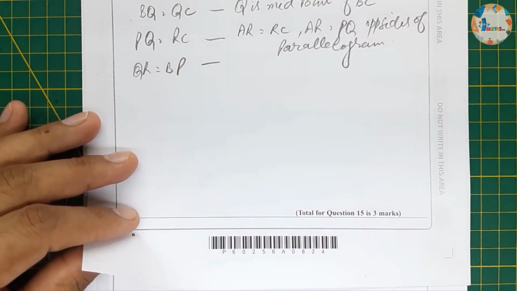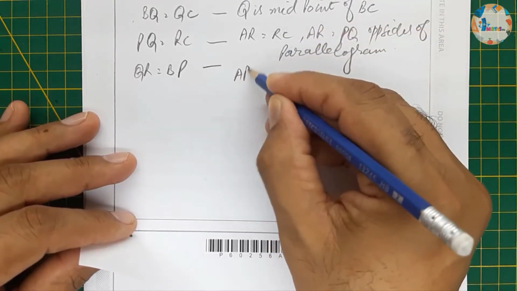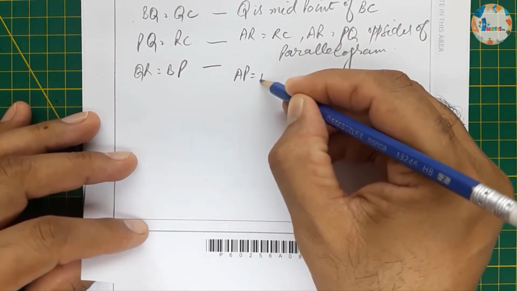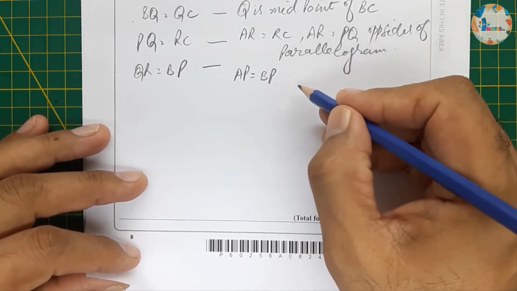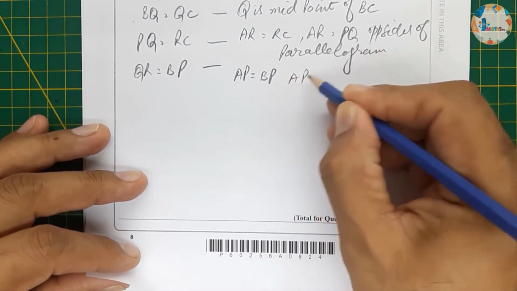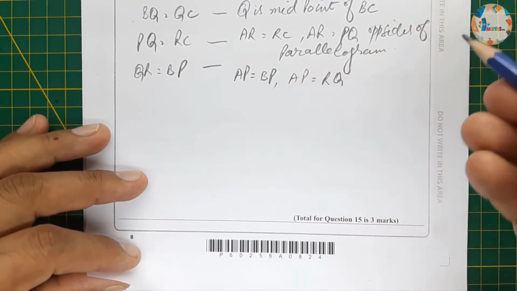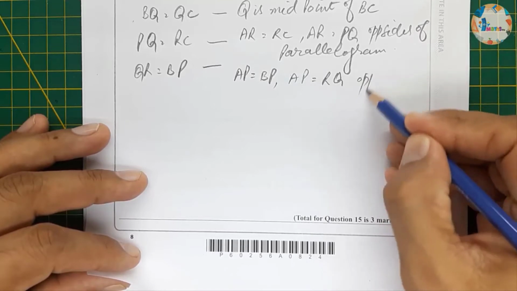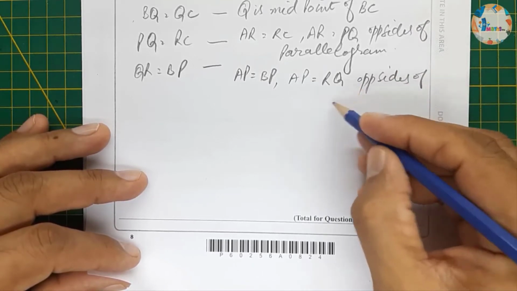The reason for this we can write AP is equal to BP, and AP is equal to RQ, and the reason will be the same, opposite sides of parallelogram.